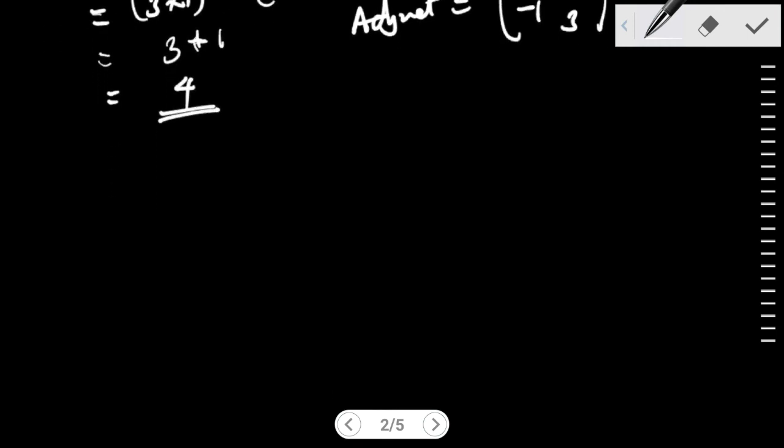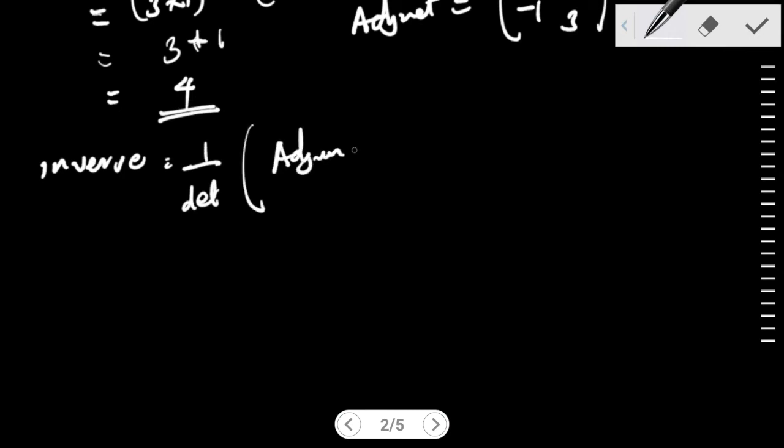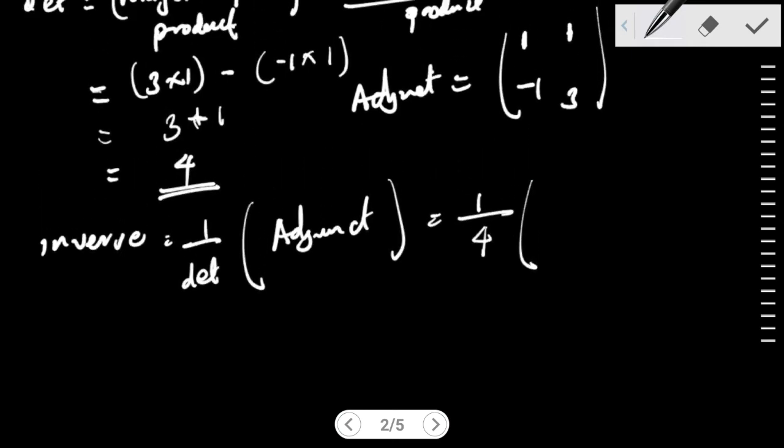So now the inverse formula would be equal to 1 over the determinant times the adjunct, which in this case is 1 all over the determinant, multiplied by the adjunct, which would be 1, 1, negative 1, 3.